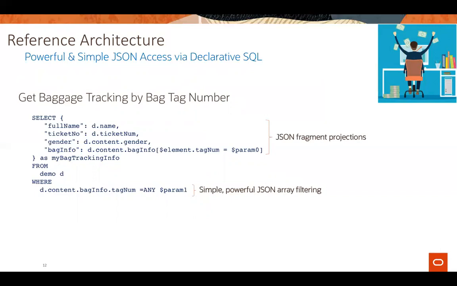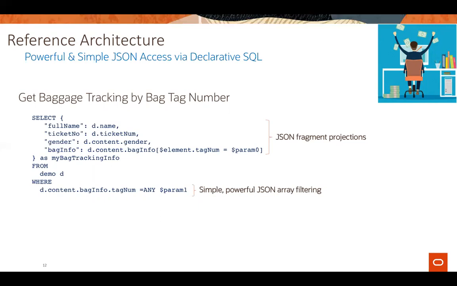You can see that the select statement opens up a curly brace, and it's constructing a JSON document with the full name, the ticket, and the gender of the passenger in this example. And then we have actually projected out a fragment of the JSON as it's sitting in the database, and we've said, hey, only give me the bag info array for those bags whose tag number is a specific tag number that I'm interested in.